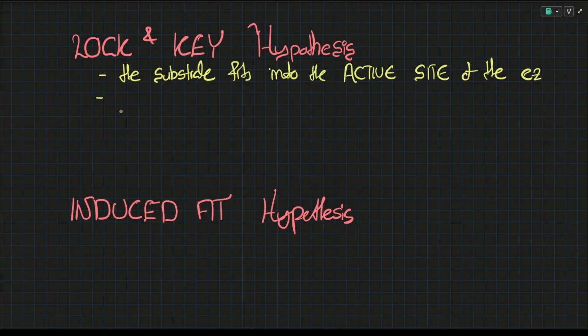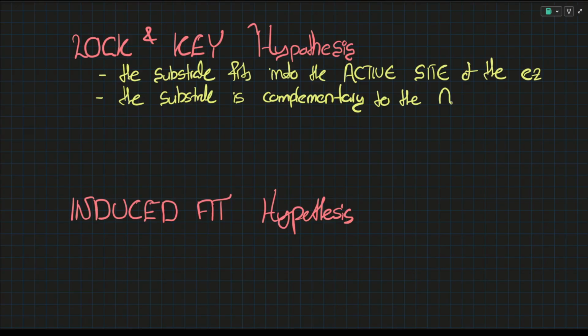After the substrate has fitted into the active site of the enzyme, let's see what happens. After that fit occurs, we say that the only reason why it was able to join is because the substrate is complementary to the active site of the enzyme.